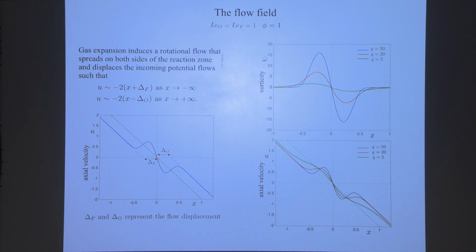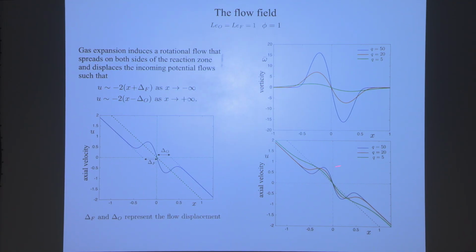Of course, this is the stagnation point, so it has to go to 0, and then it does that. What really happens is that some vorticity, or a rotational flow, is formed near the reaction zone, and it pushes, if you like, the incoming gas to the left and to the right, and those represent some flow displacement.